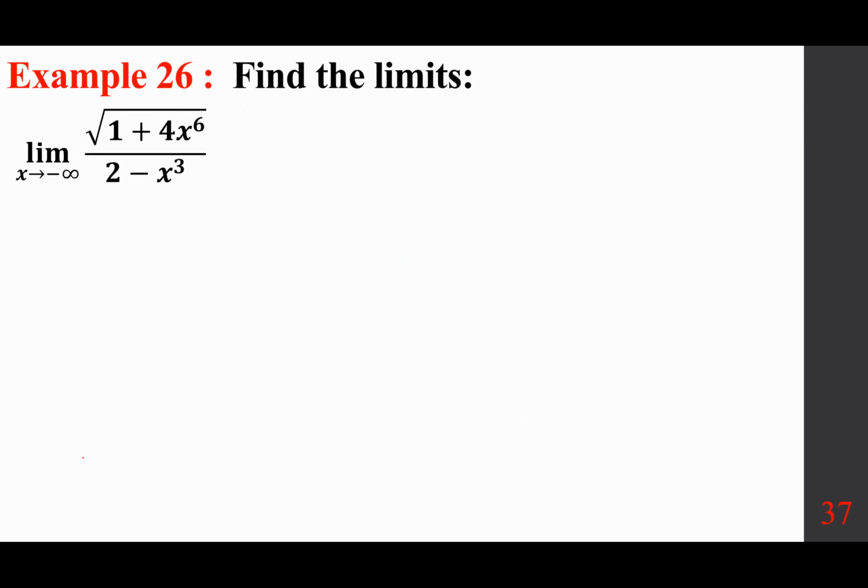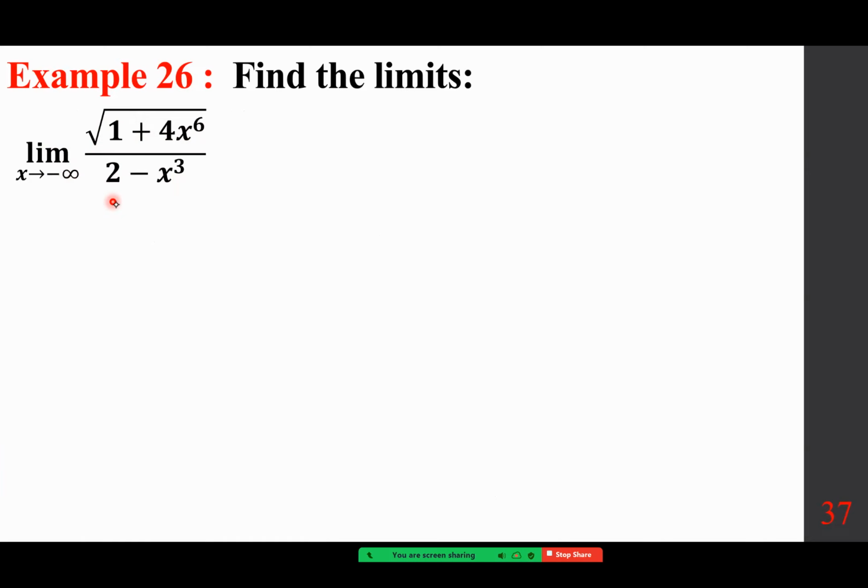We are interested in finding the limit of the square root of 1 plus 4x to the power of 6 over 2 minus x cubed as x approaches minus infinity. Now, remember what happens when we are dealing with a rational expression.